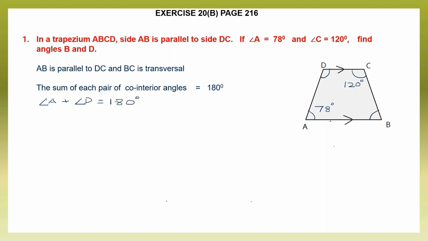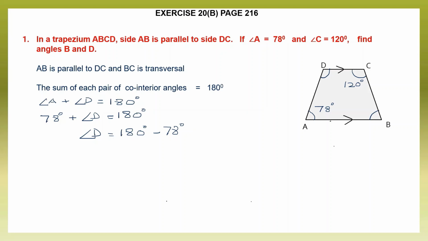So let's substitute and find. Angle A is 78 degrees plus angle D is 180 degrees. So we can find angle D, that is 180 degrees minus 78 degrees. I'm transposing plus 78 to the other side. It becomes minus 78.